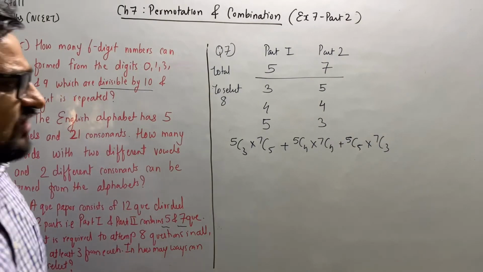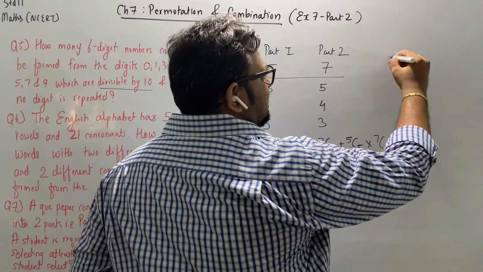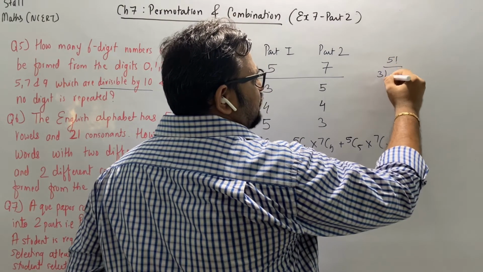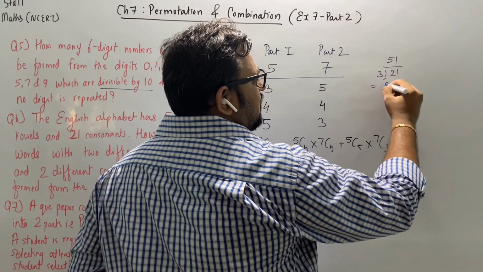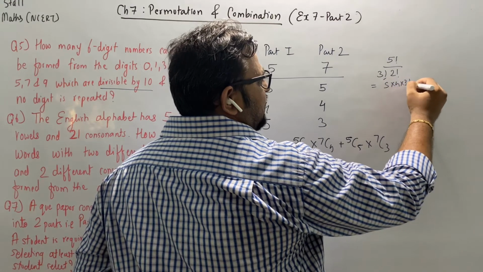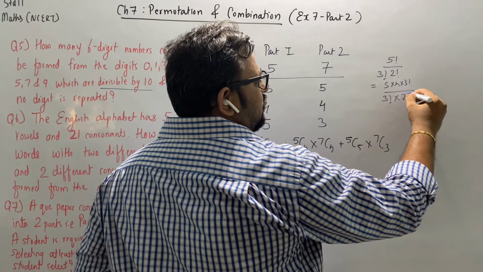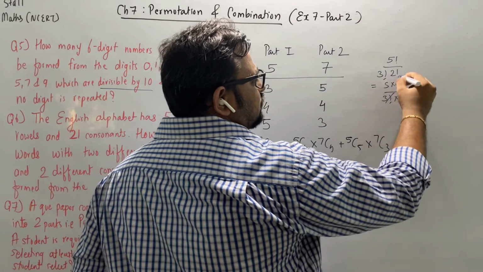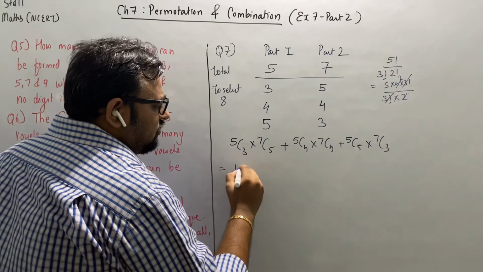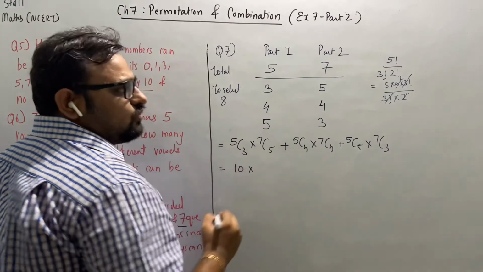Let me solve this in rough. 5C3 means 5 factorial upon 3 factorial into (5 minus 3) 2 factorial. So 5 into 4 into 3 factorial upon 3 factorial into 2 factorial. What is 2 factorial? 2. So 2 fives are 10, this is equal to 10. Clear?